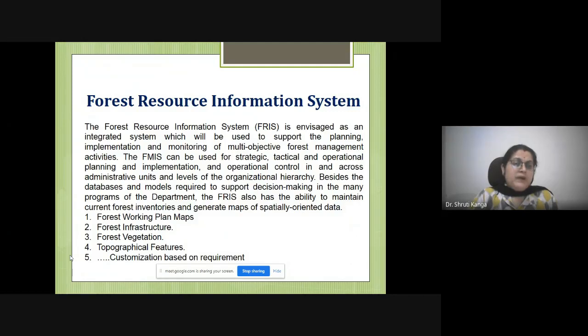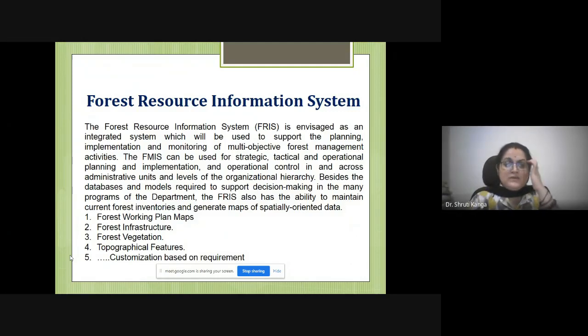The Forest Management Information System, which is also called FMIS, can be used for the strategic, tactical, and operational planning and implementations, and of course, the control in and across the administrative units of the different levels of organizational hierarchies.